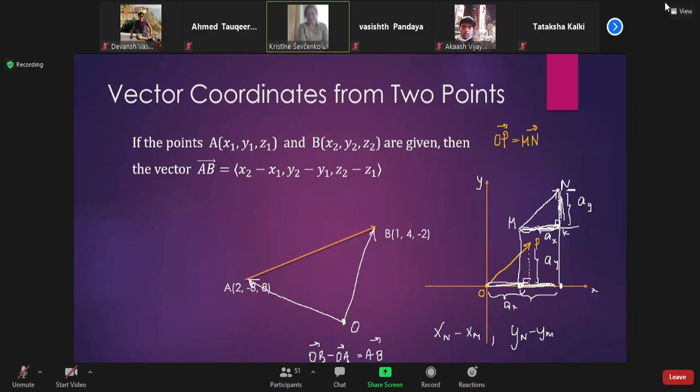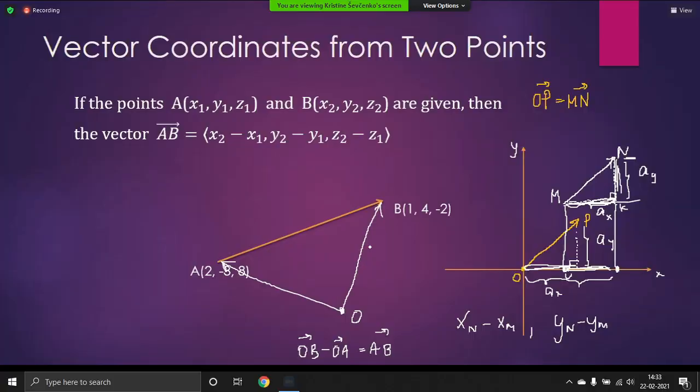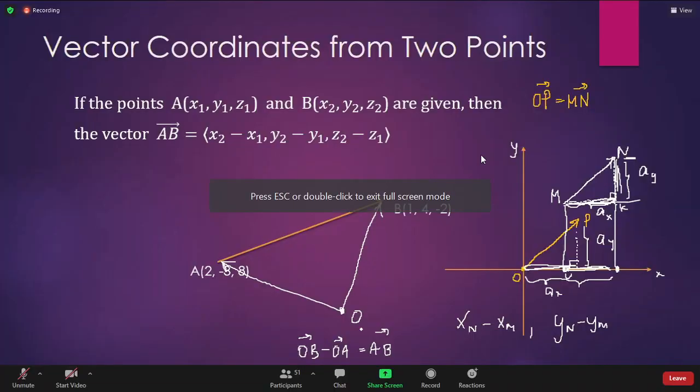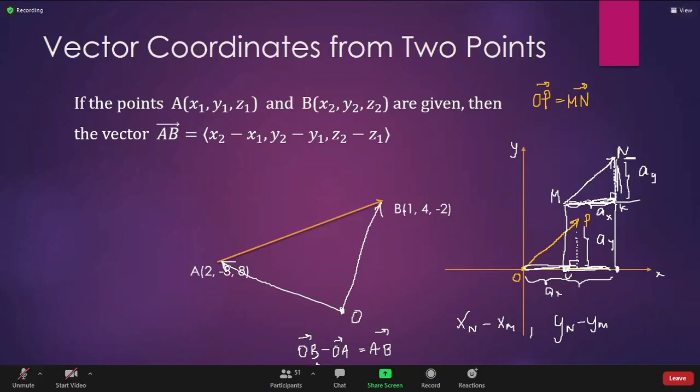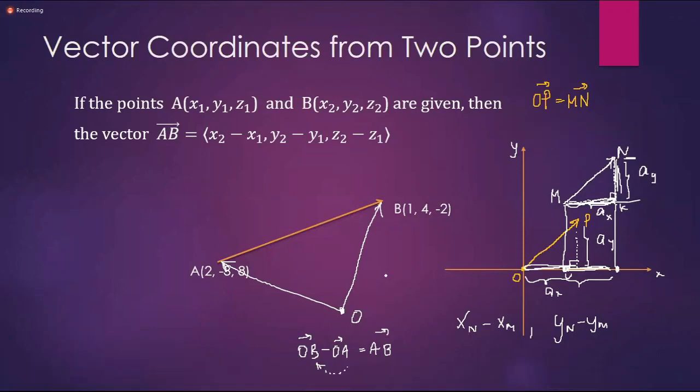Remember, in subtraction of vectors, we go from the second vector's endpoint to the first vector's endpoint. So to get vector AB, I have to subtract OB minus OA. Again, an indication that we have to subtract the coordinates: endpoint minus starting point. Always endpoint minus starting point.